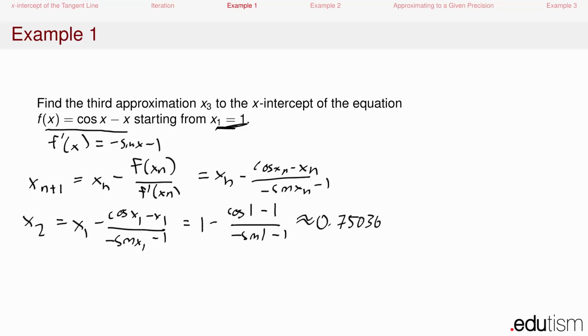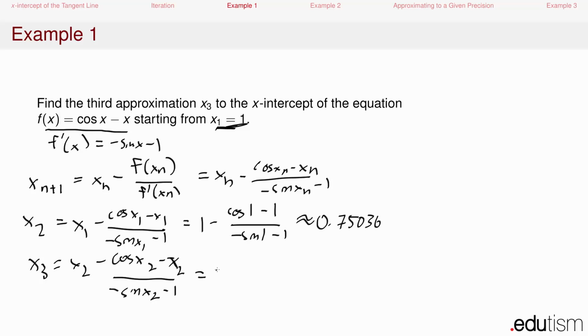It's going to be a better approximation to the x-intercept of this function. So now we want to find x3. x3 is going to be x2 minus cos x2 minus x2 over negative sine x2 minus 1.